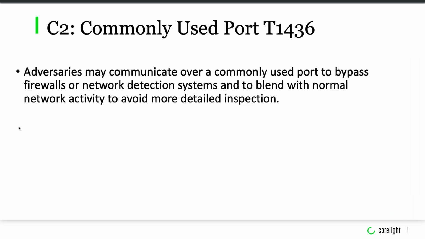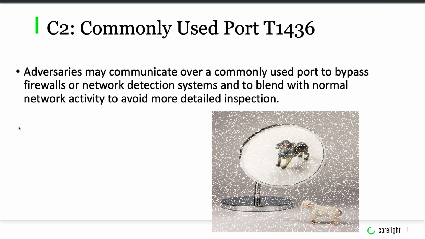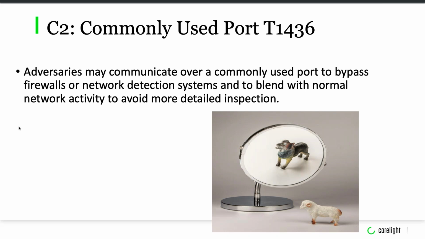So the first one we'll talk about today is commonly used port. Again, as MITRE defines this, adversaries communicate over a common port to bypass network detection systems and to blend in. Because the challenge you have is there can be hundreds of thousands of connections coming across HTTP or SSL. How are you going to provide analysis to determine this one connection?